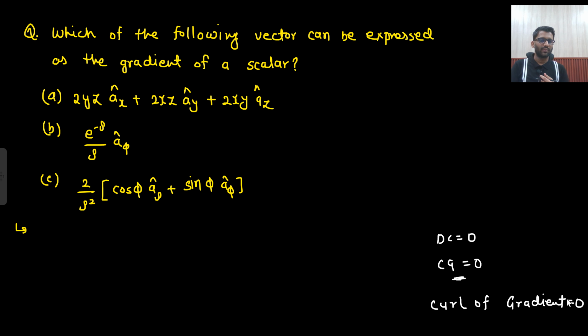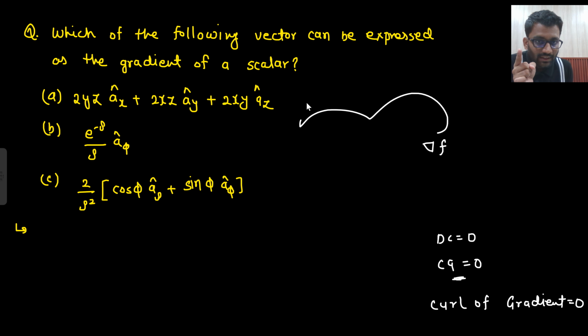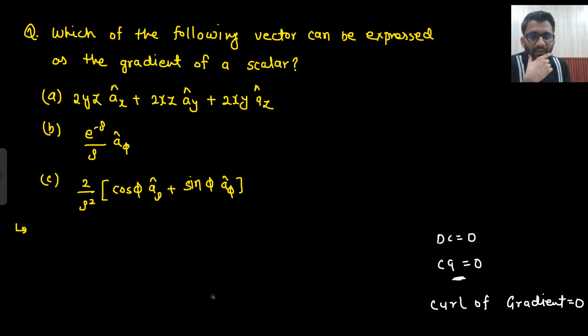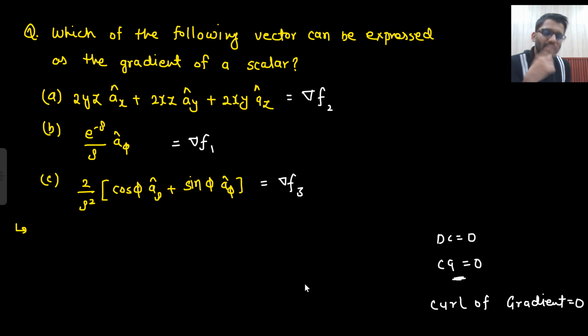This is what we know. So this is the result of gradient. Are you getting this point? All these are del f, the result of the gradient of some scalar field.